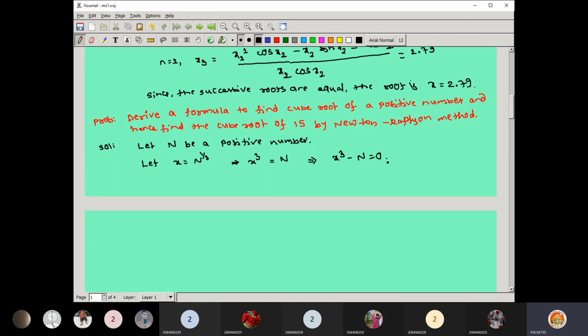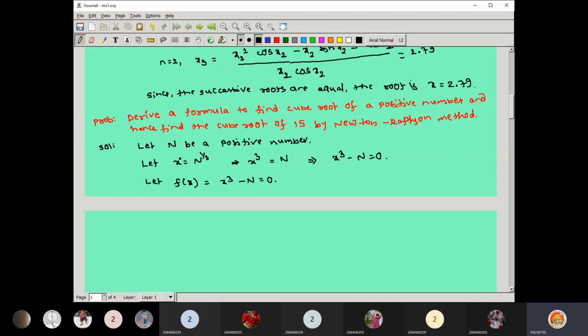This is the expression to calculate cube root of a number. Let f of x be x cube minus N, equal to 0.